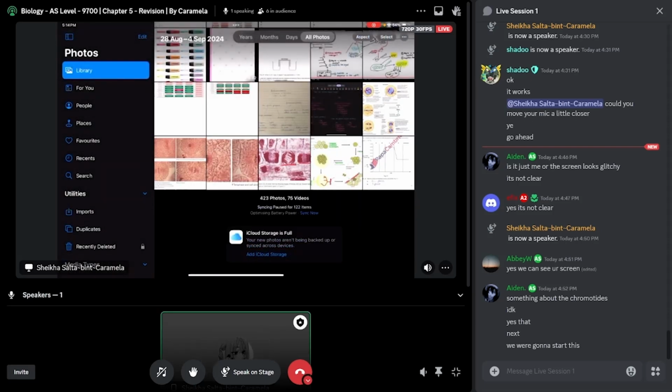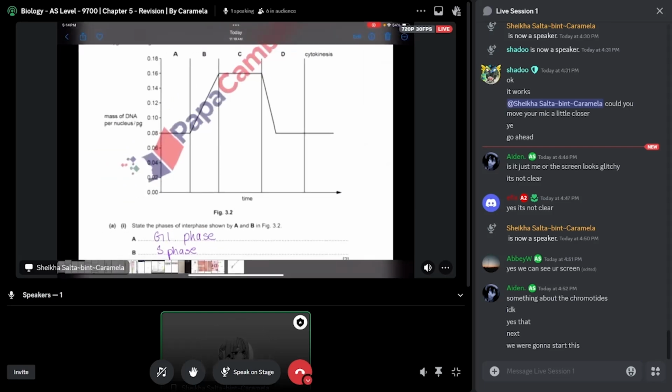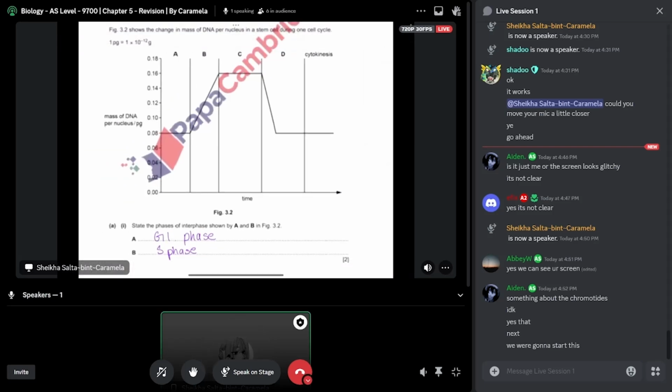One more thing that I will show would be this. This type of question usually comes in your MCQs, but can also come in your theory exams. It's basically asking you to deduce the stage of the cell cycle using the mass of DNA per nucleus.